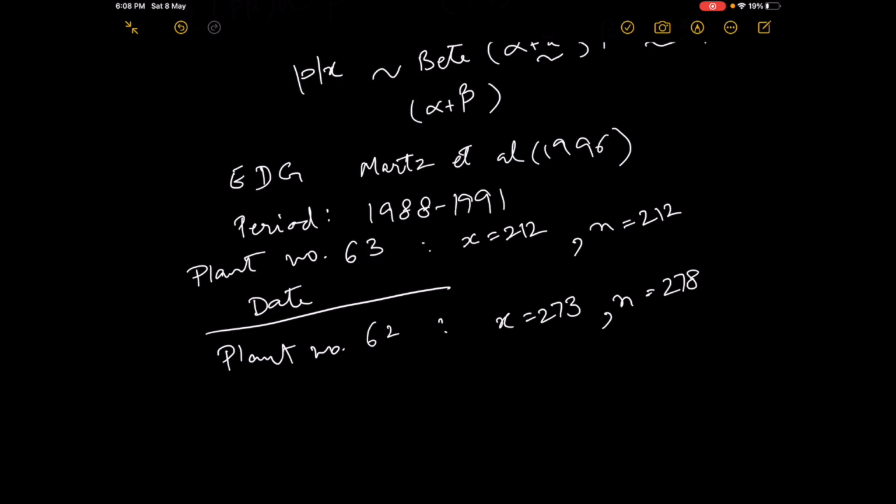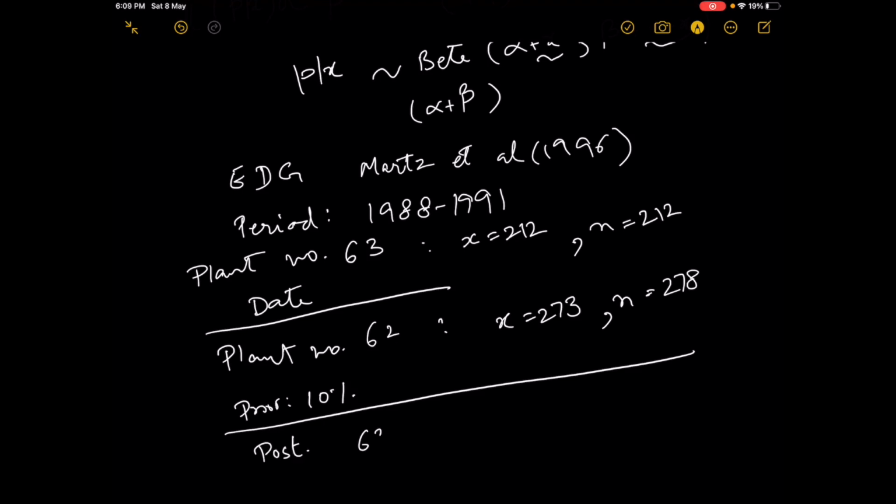We regard this plant as the prior source, and we postulate our prior as 10% of plant 62's sample size. So, the posterior for plant 63 will be beta alpha plus x, beta plus n minus x.